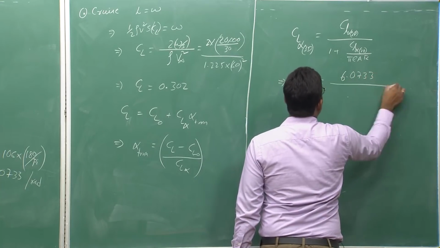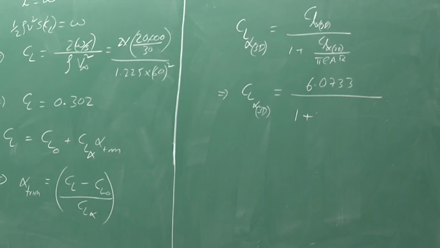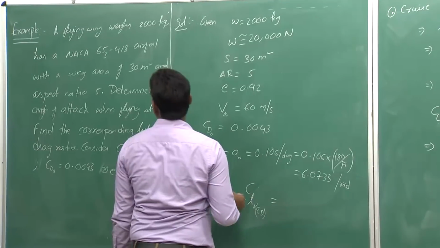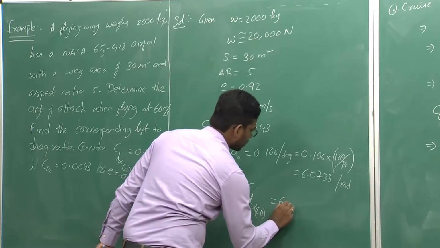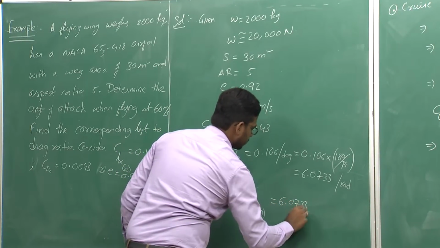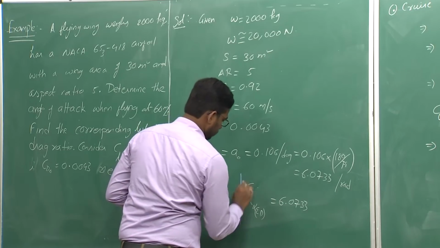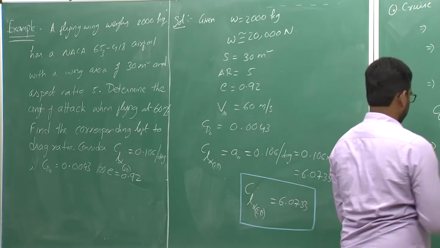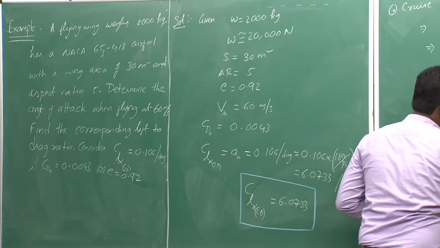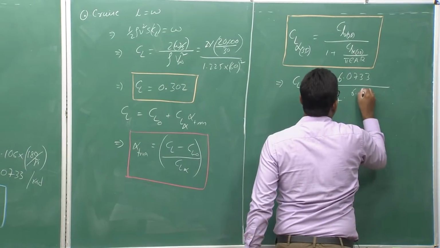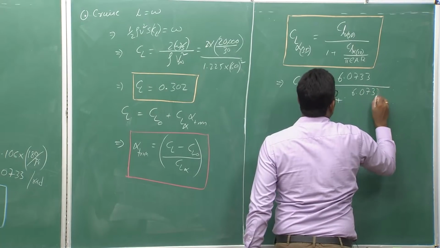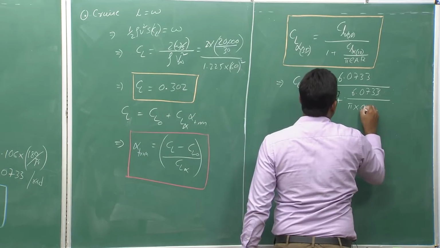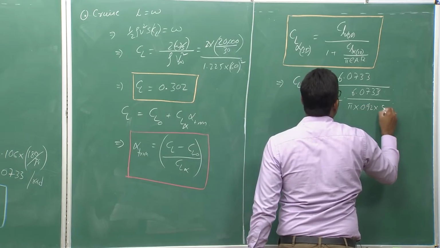It is 6.0733 per radian for the 2D NACA 653418 airfoil. So CL alpha 3D is 6.0733 divided by 1 plus 6.0733 divided by pi into 0.92 into aspect ratio of 5.